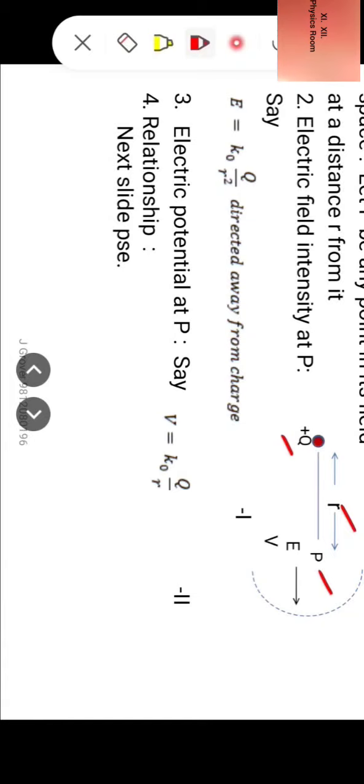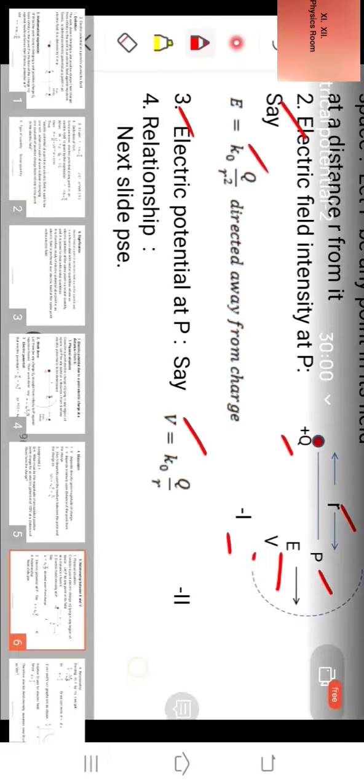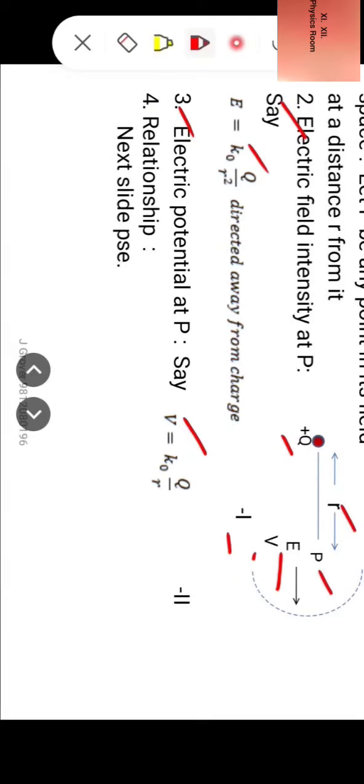Now let us find electric field at P as well as electric potential at P. First we find electric field intensity at P, say E, and it is equal to K naught Q by R square directed away from the charge. Let us mark it as equation 1. And electric potential at P, say V, is equal to K naught Q by R. Let us mark it as equation 2. And now relationship. Next slide please.